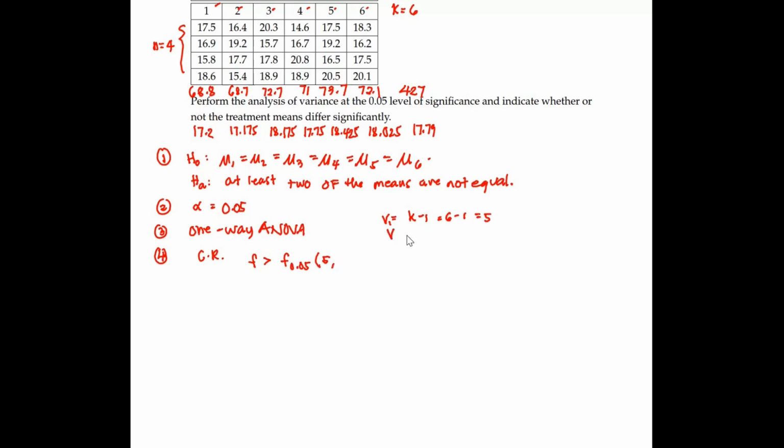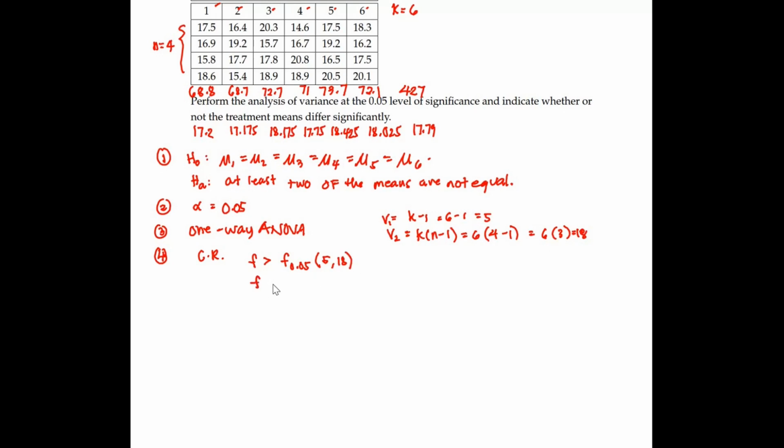And then v sub 2 is equal to k times n minus 1. So k here is 6, n is 4 minus 1. So 6 times 3 is equal to 18. So v sub 2 here is equal to 18.